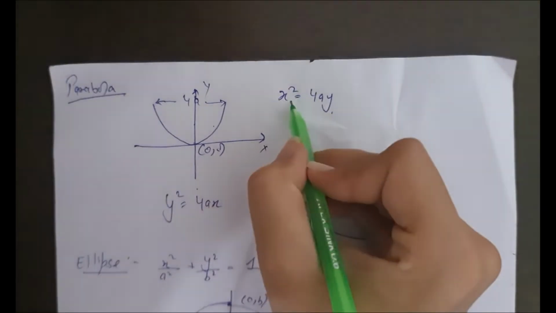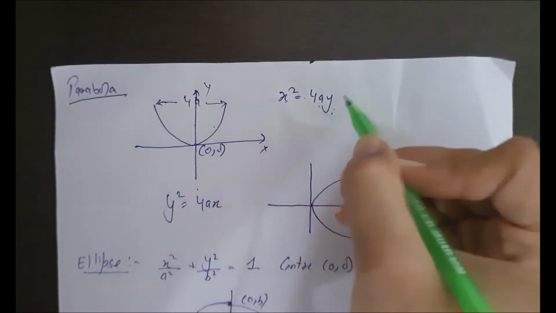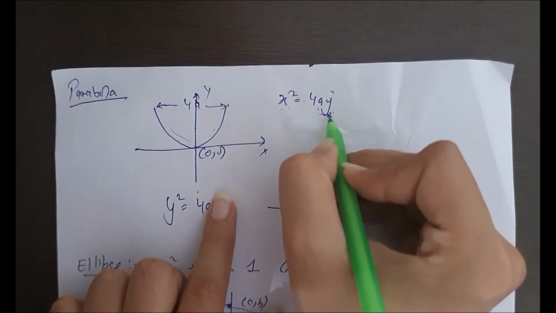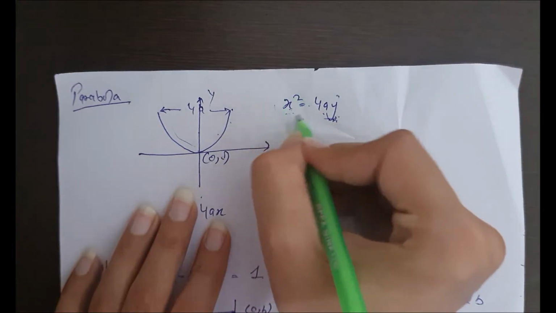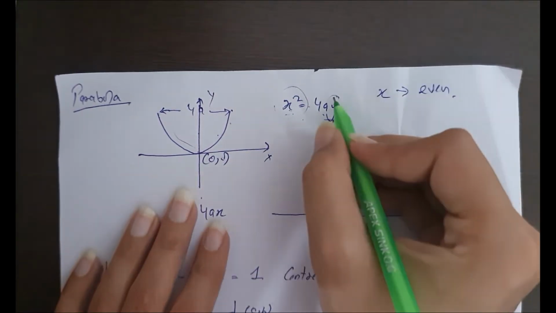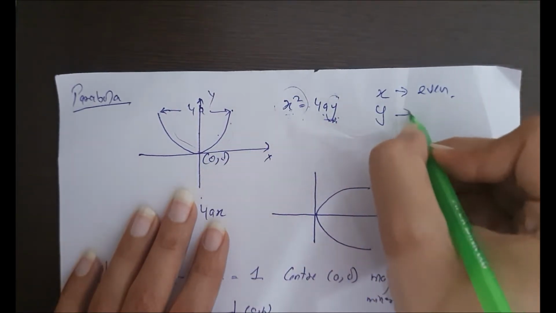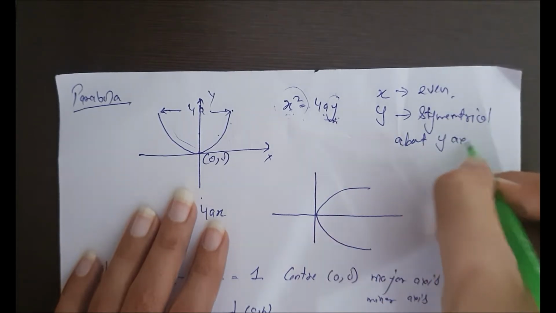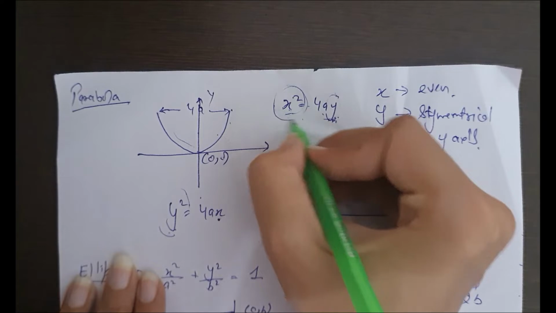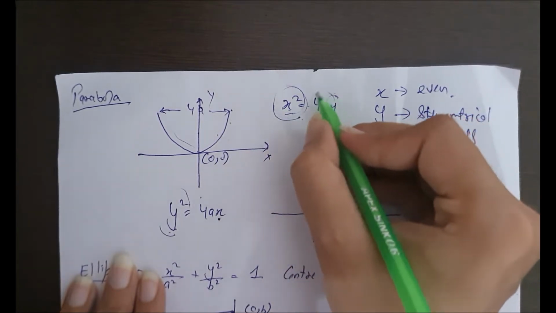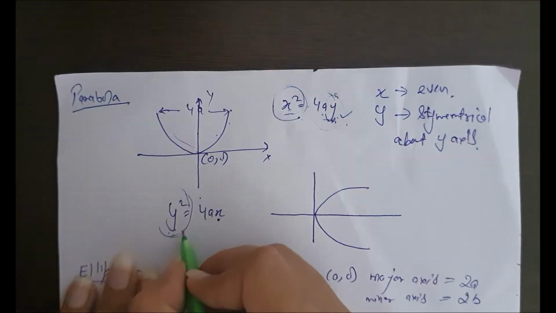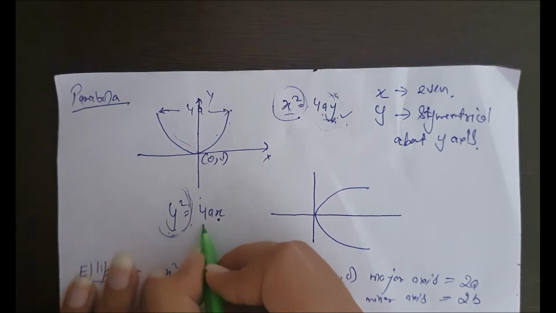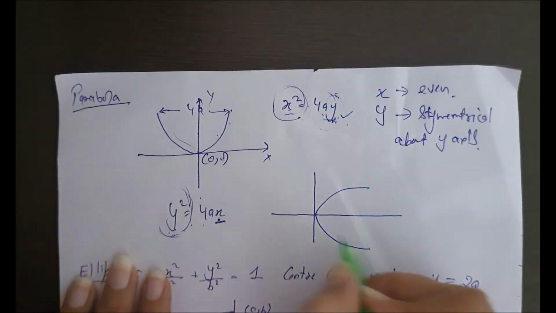Now parabola x square is equal to 4ay means that parabola is symmetrical about y axis. If power of x is even, it means that function is symmetrical about y axis. Similarly, if power of y is even, then function is symmetrical about x axis.